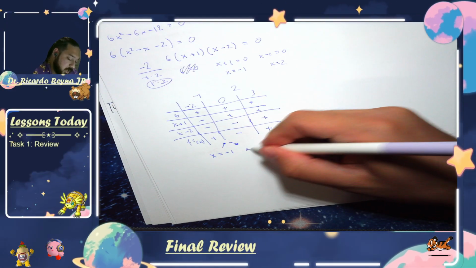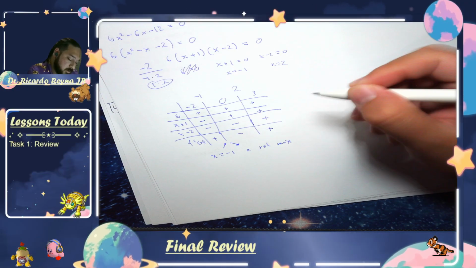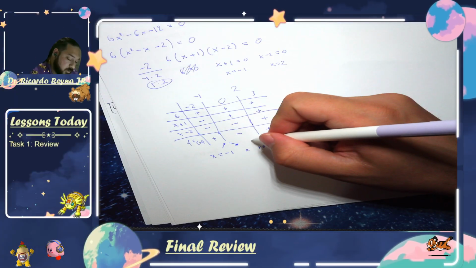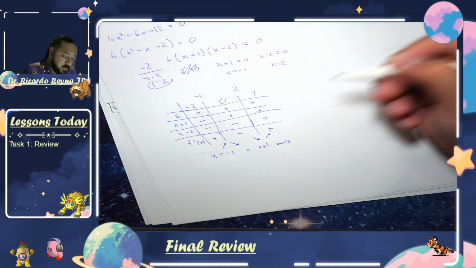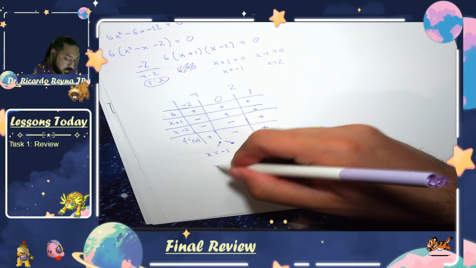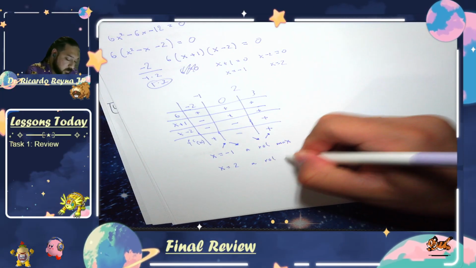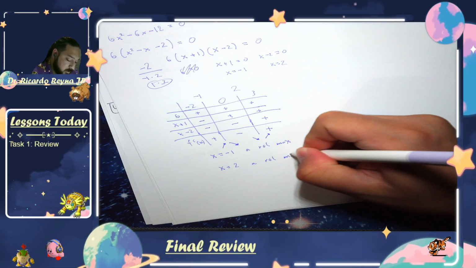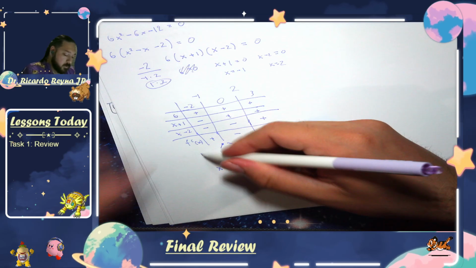That's going to be a relative max. And then from 2, as it goes from negative to positive, that's going to be a relative min. Keep in mind the shape, that's a hill, that's a valley.